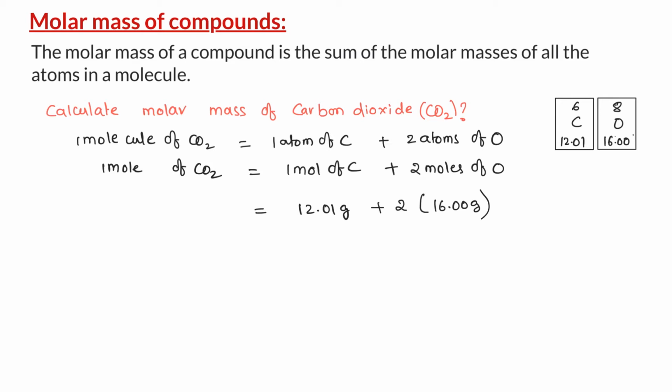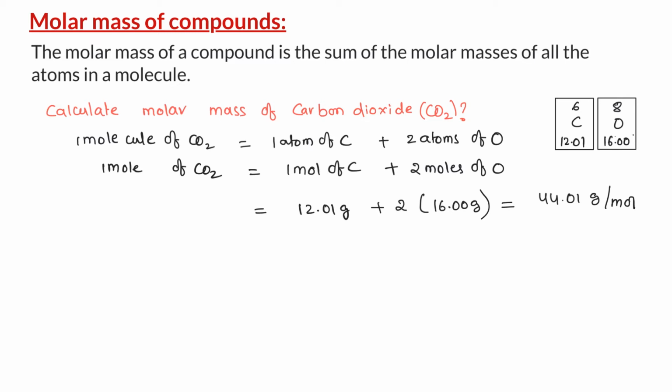If we do the math, it comes out to be 44.01 grams per mole of carbon dioxide. Calculating the molar masses of compounds is one of the most used calculations in chemistry. So you should be comfortable doing this.